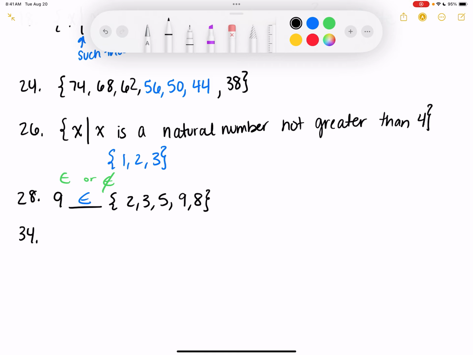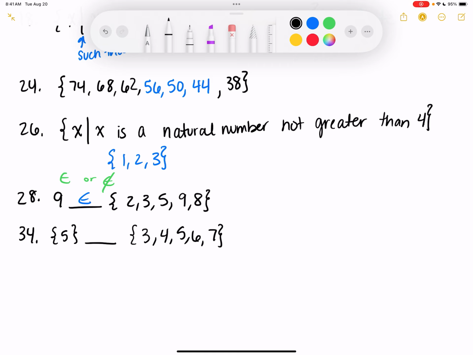34. The set of 5 blank. The set of 3, 4, 5, 6, 7. What about this one? Is the set of 5 an element of the set of 3, 4, 5, 6, 7?